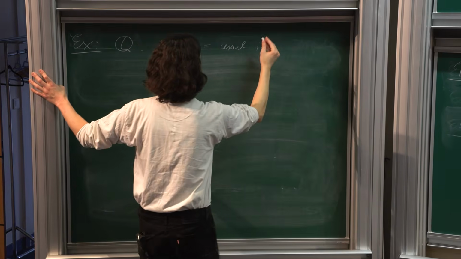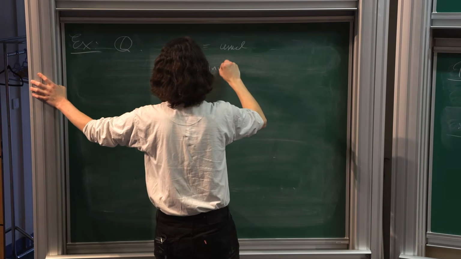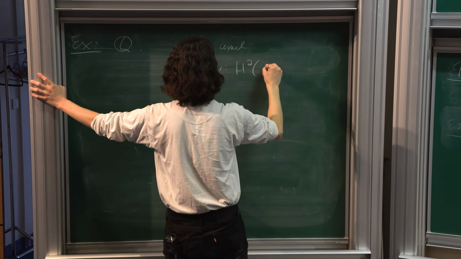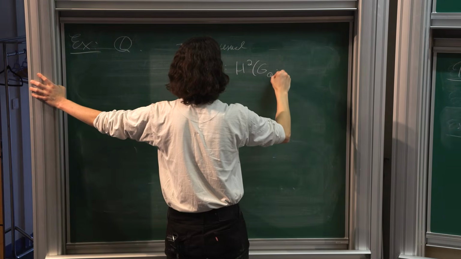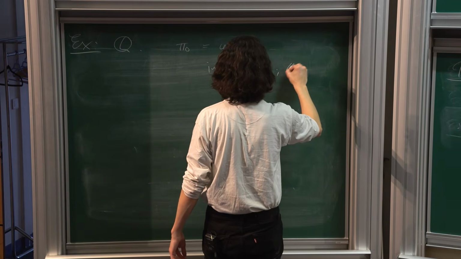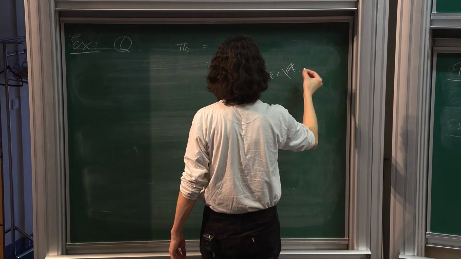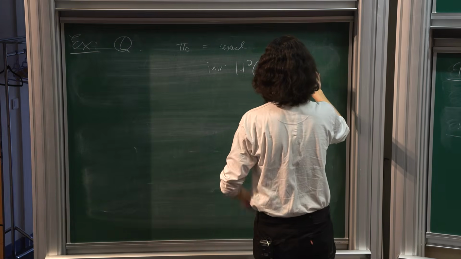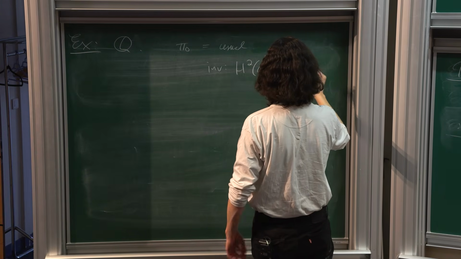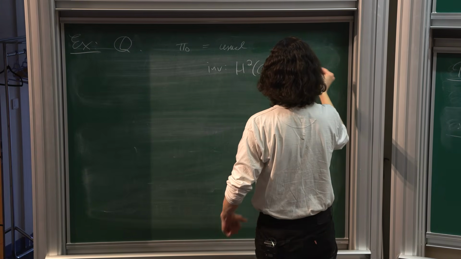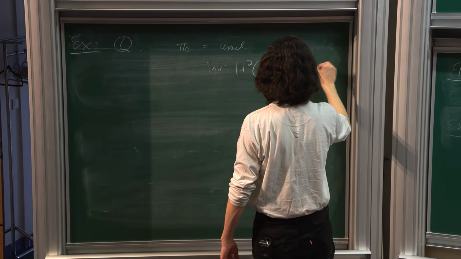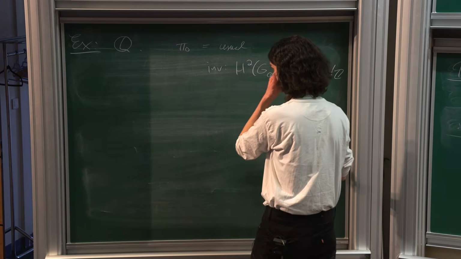So you have to give H2 of GQ with coefficients in the Adele class groups, let's call it A. In this case, it's going to be an isomorphism to Q mod Z.